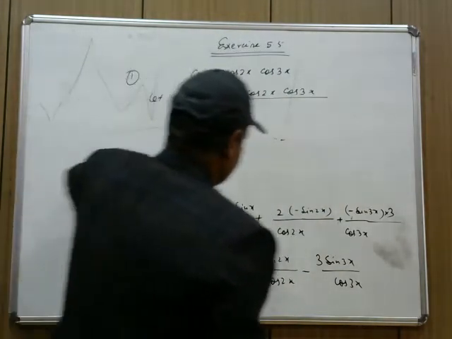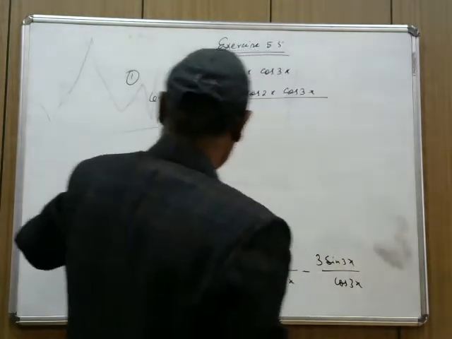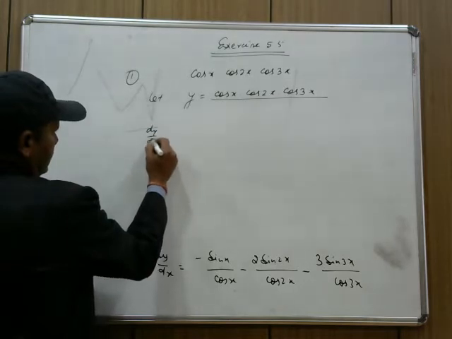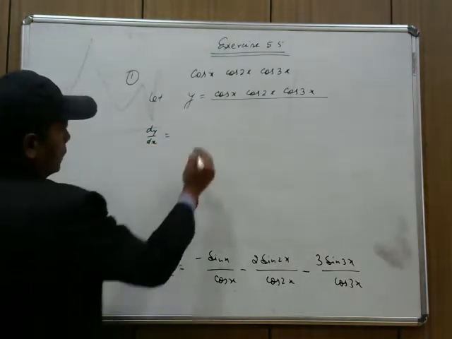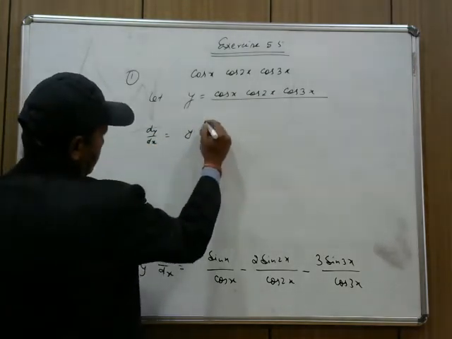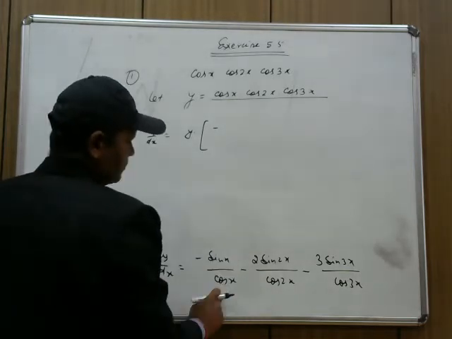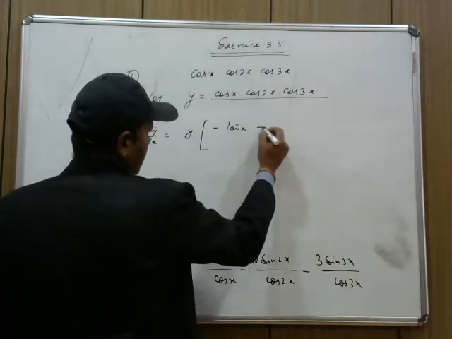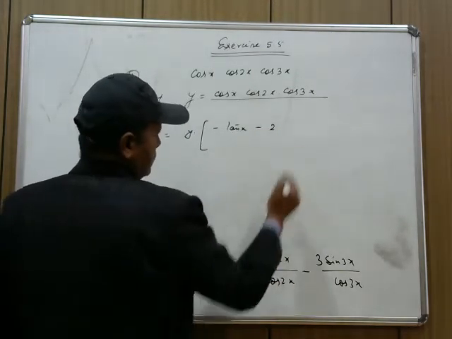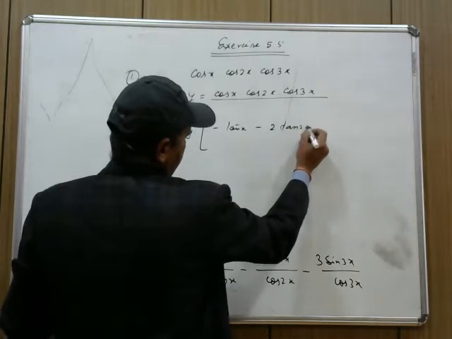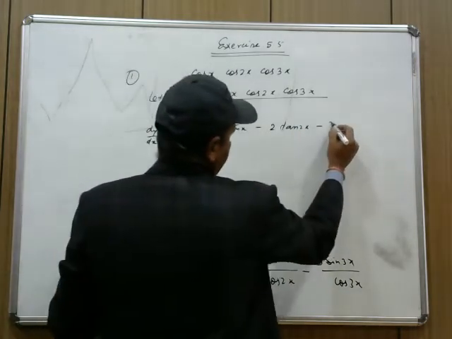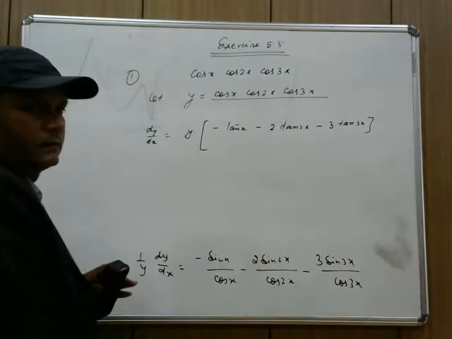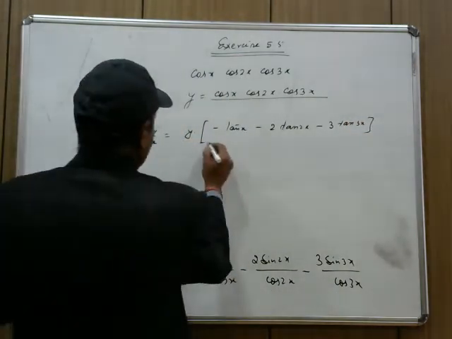Therefore, can I write now dy by dx is equal to y into minus sin x by cos x. Can I write minus tan x minus 2 sin 2x by cos 2x, can I write tan 2x, and this I can write 3 tan 3x. Can I write? Now, put the value of y.